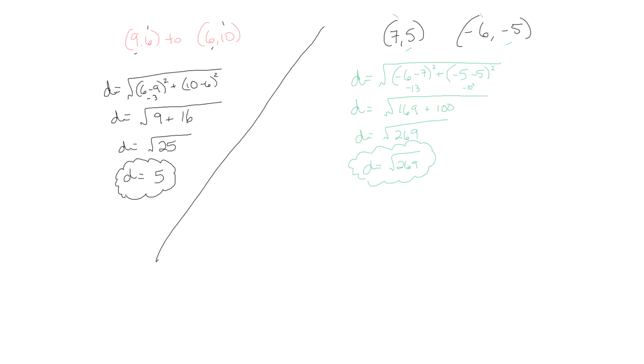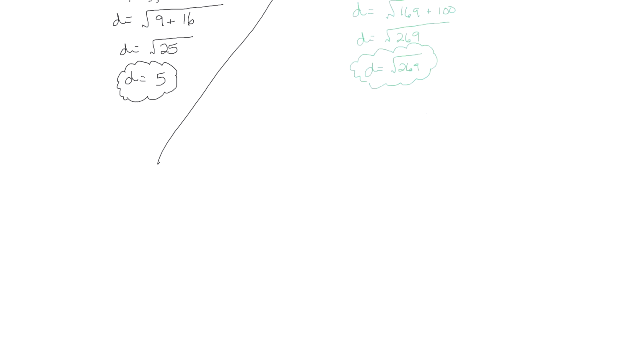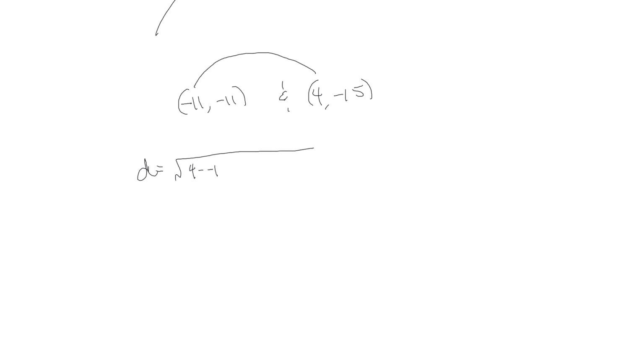What is the distance between negative 11 and 4, negative 15? 4 minus negative 11 squared plus negative 15 minus negative 11 squared.